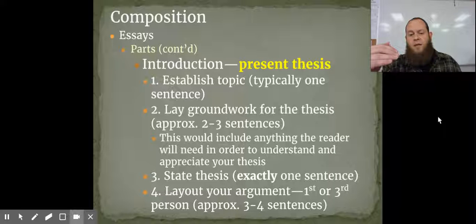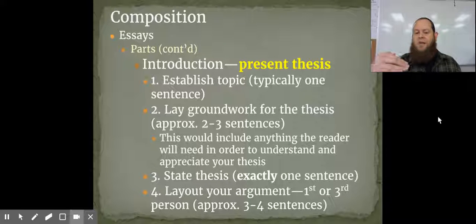Most often, I see students making that argument layout a part of their thesis. Some students even establish the topic, then state their thesis with the argument built in: because of X, Y, and Z, it's clear that this is the case. And then they might provide some background information.